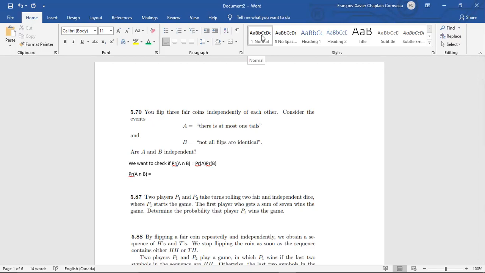So I'll let you guys maybe 30 seconds to just think about it. So if there's at most one tails, does it necessarily mean that not all flips are identical? And the answer is no. We do have to be a bit careful, right? If there's at most one tail, well, I could have all heads.